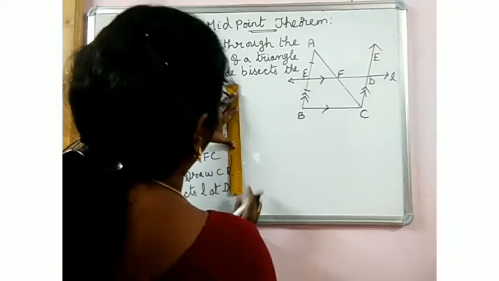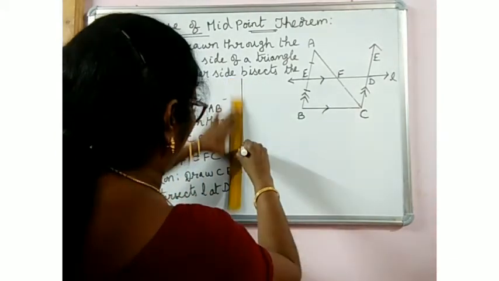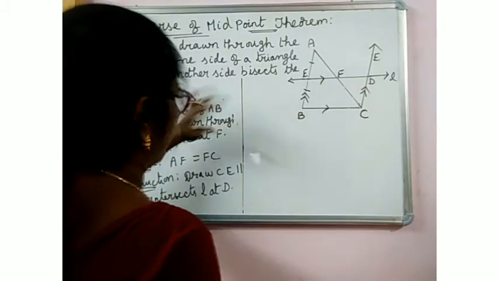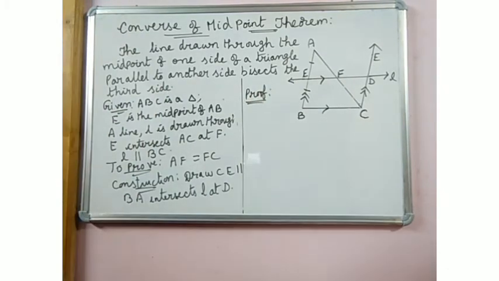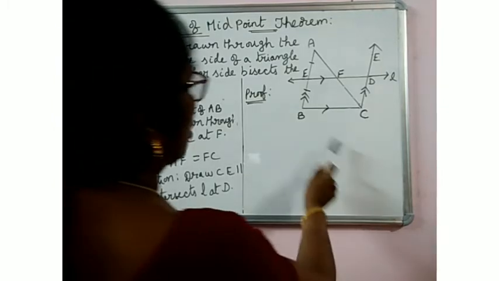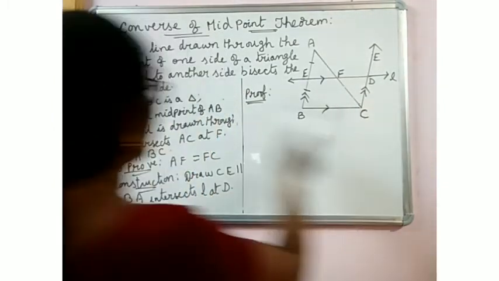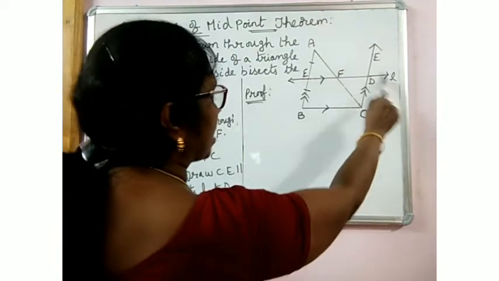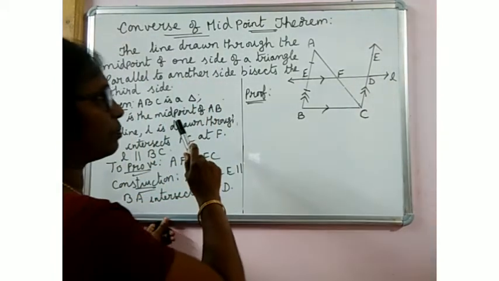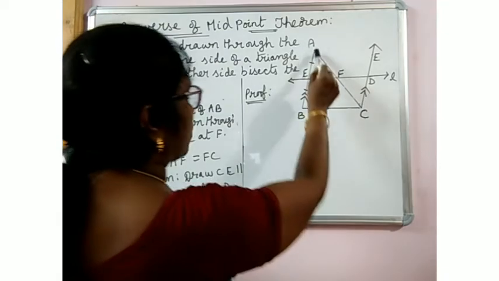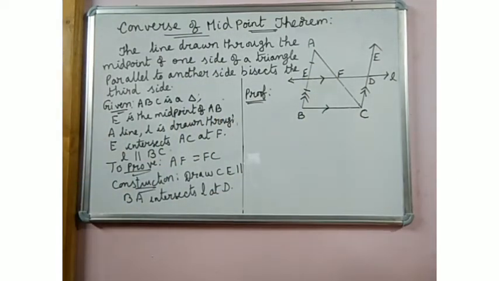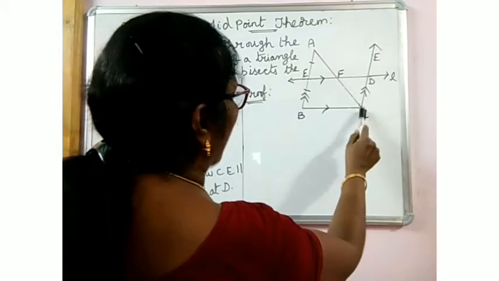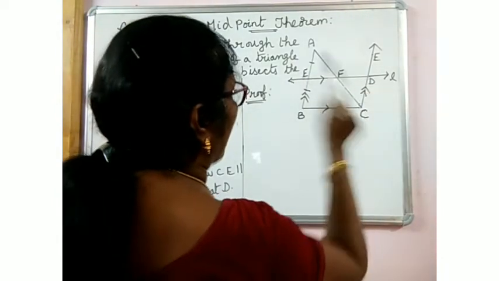Now we have to prove that AF is equal to FC. How to prove it? So let us have the proof. Before going to prove, let us see how we will be able to prove it. You see children, already these two are parallel, given because line L is drawn parallel to BC. And we have constructed BA parallel to CD. So what happens? ED is parallel to BC and EB is parallel to DC.